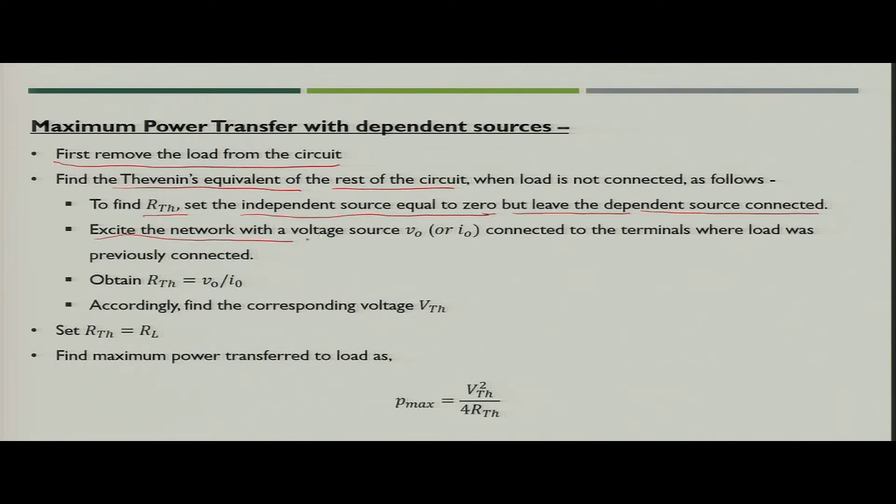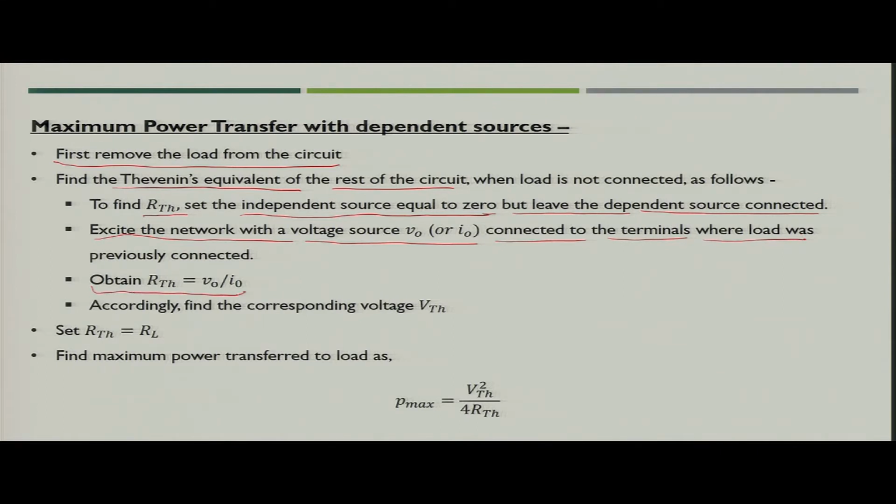Next, you excite the network with a voltage source V naught, or I naught, depending on your convenience in simplifying the circuit. You can use V naught as 1 volt or I naught as 1 ampere, connected to the terminal where the load was previously connected.